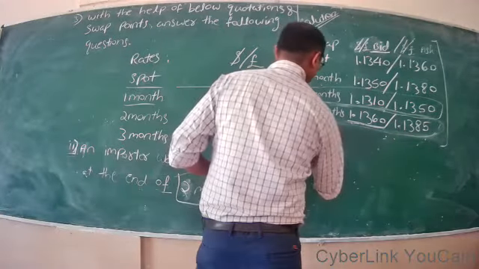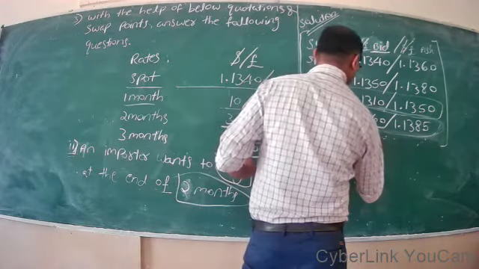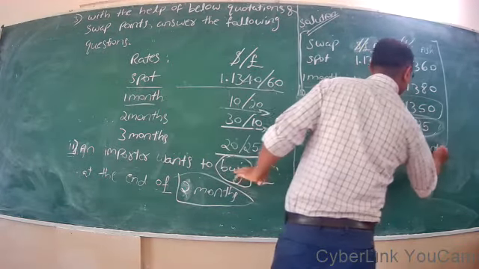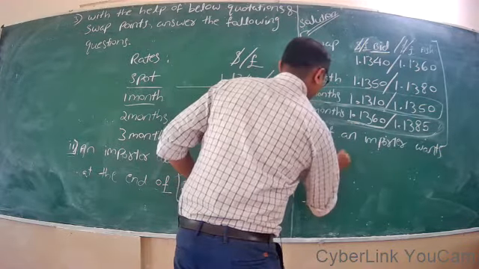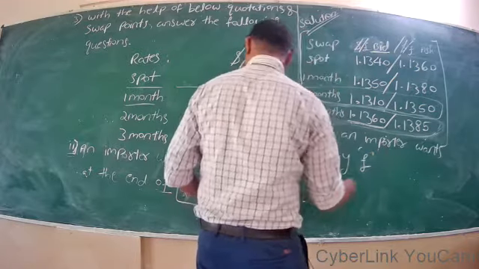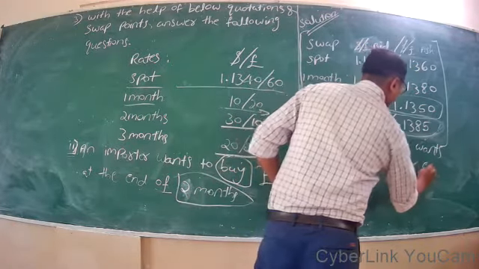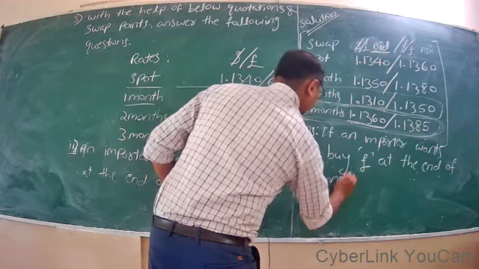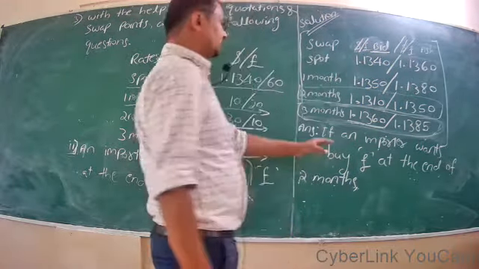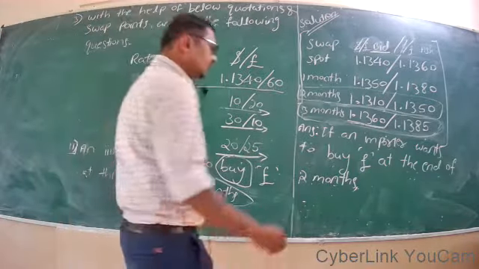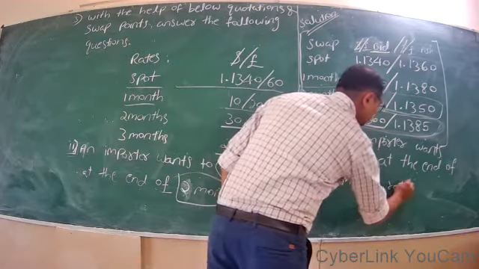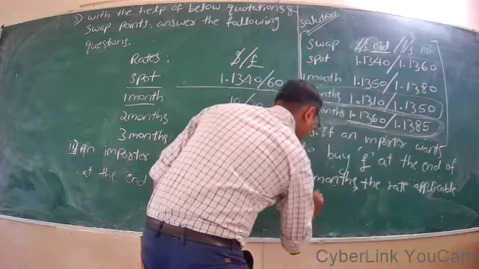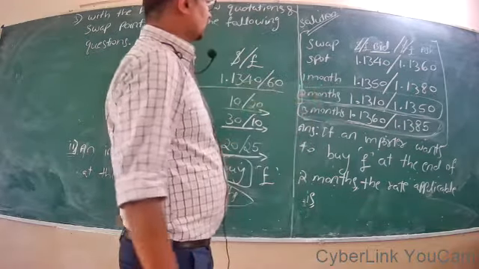So they are asking which rate is applicable to this question, right? The answer will be, if an importer intends to buy sterling pound at the end of 2 months, the rate applicable is, now look into these outright rates.